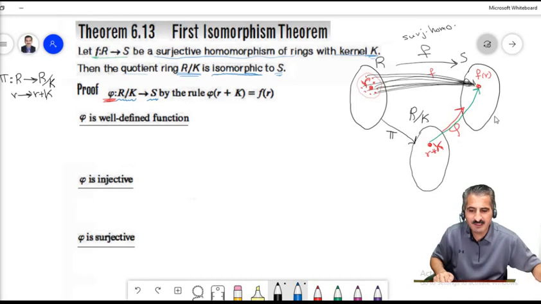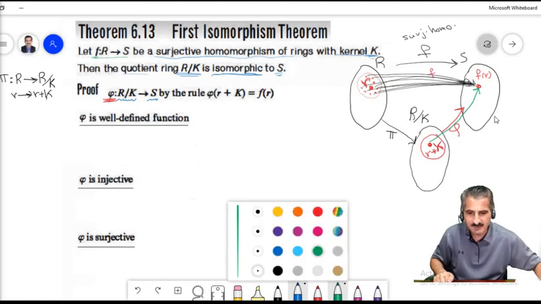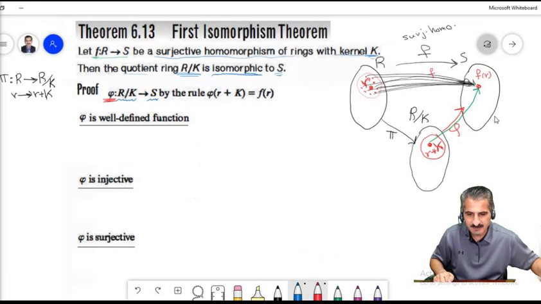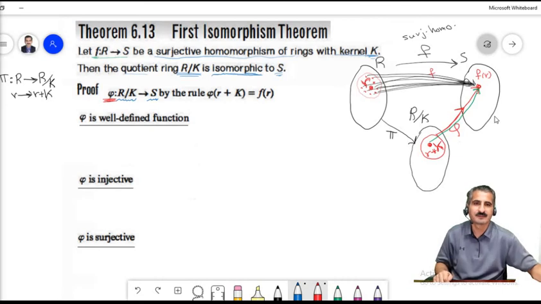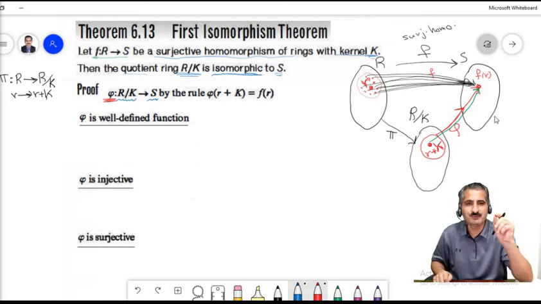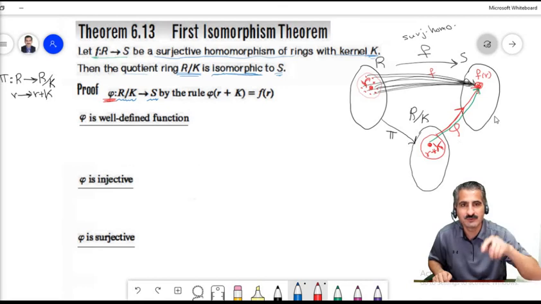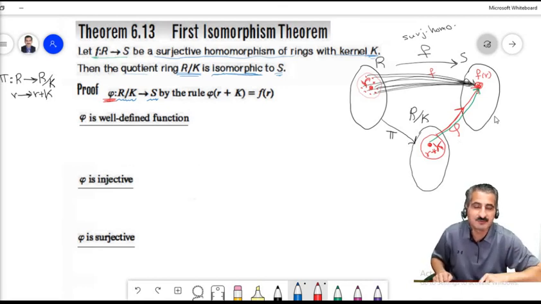They are all the elements in this coset. Exactly. So this coset will be taken by phi to this specific element. So it is not only small r going to here, it's also the whole coset represented by r will go to the same place, will take the same image.